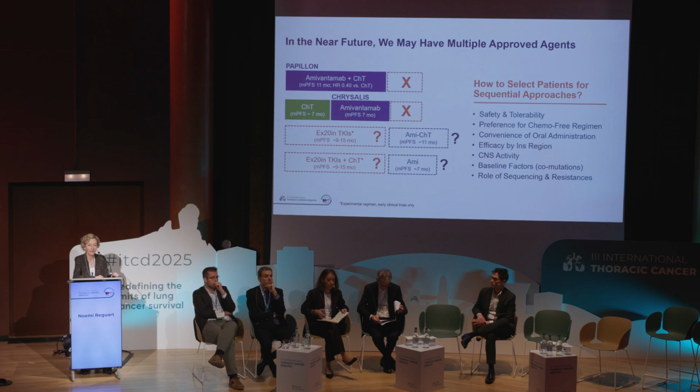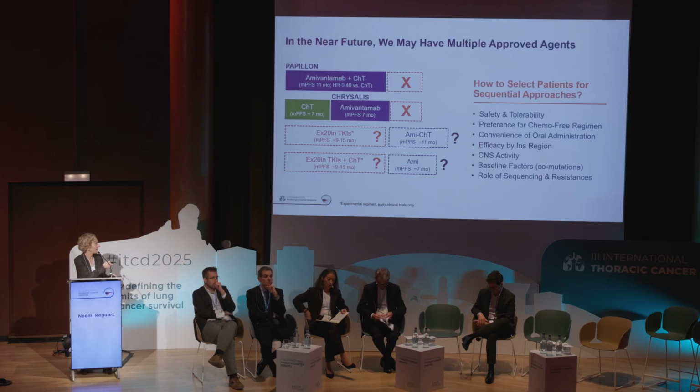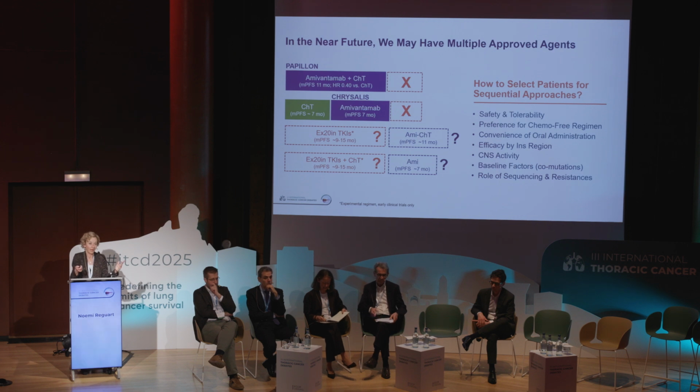And another thing that might happen is that, seeing the preliminary activity of these agents in early phase 1-2 trials, it might be possible that these studies have similar activities. So at the end, we will have to decide based on other factors. We'll have to decide based on oral preference.